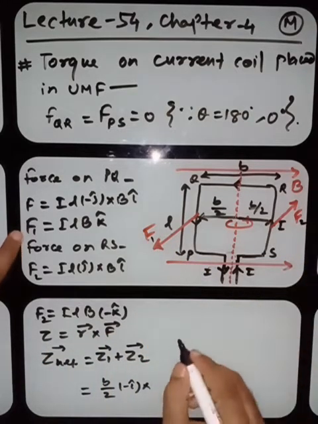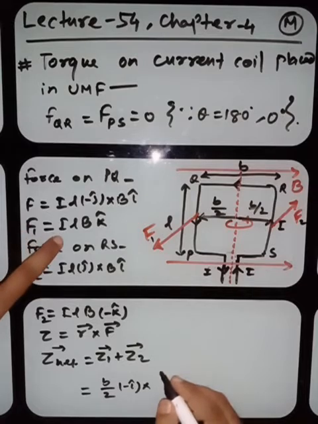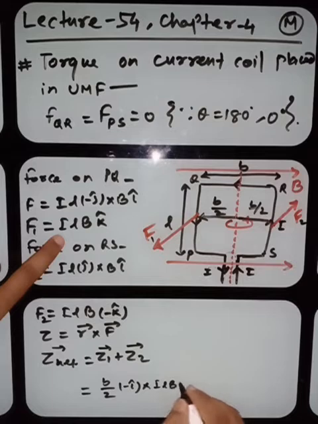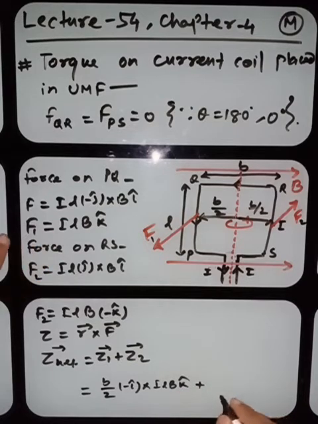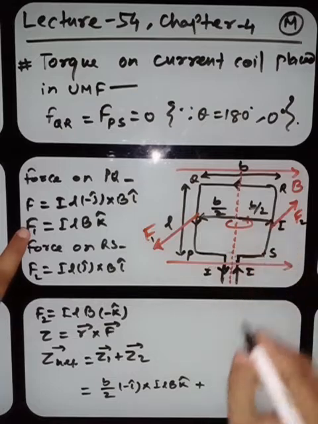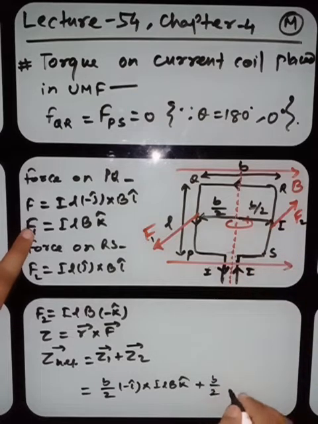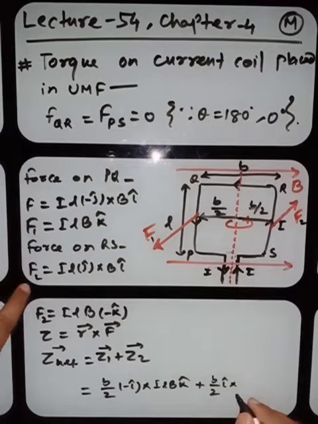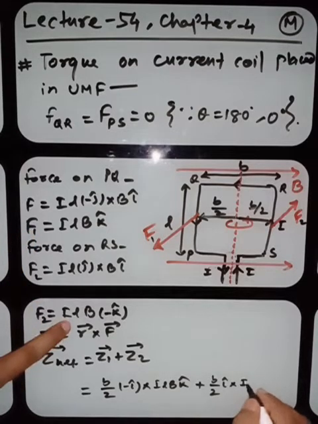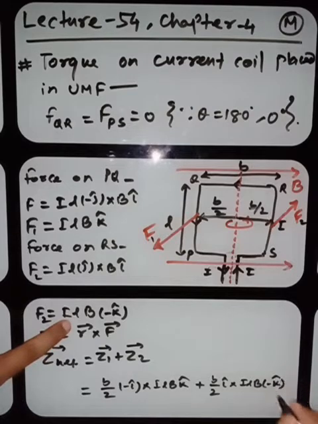Alright, both the magnetic forces have the same magnitude, I L B K cap. So I L B K cap, plus the second one, it is b by 2 R cross F. So this is b by 2 and the direction I cross the force, it is this one, I L B minus K cap.